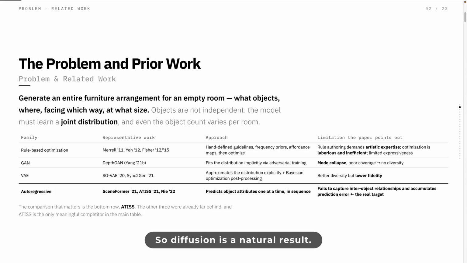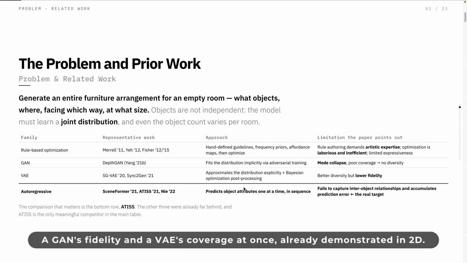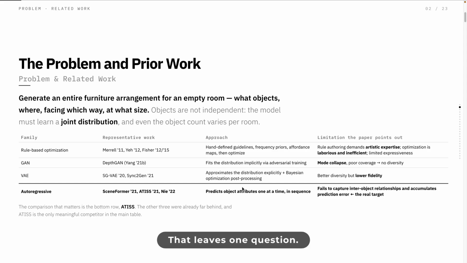So diffusion is a natural result. GAN's fidelity and VAE's coverage at once, already demonstrated in 2D. That leaves one question. What tensor do we turn a scene into?